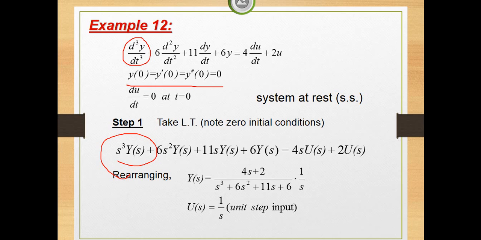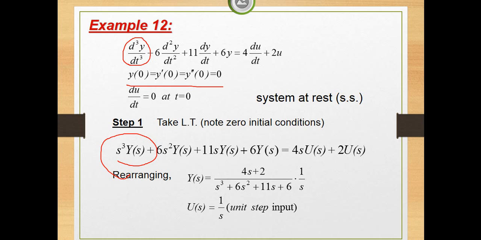The Laplace transform of 6y is just 6y of s. The Laplace transform of the first derivative of u with respect to t is s u of s minus u of 0. Again, it says here du dt is equal to 0 when t is equal to 0. So meaning, it would also be 0 for this one.